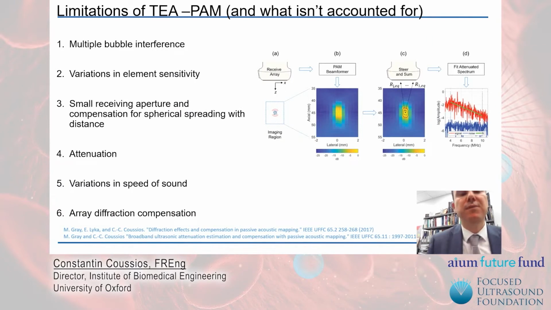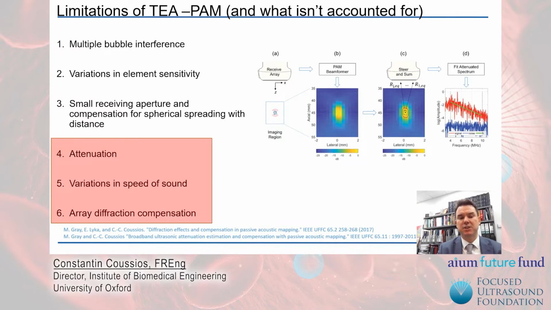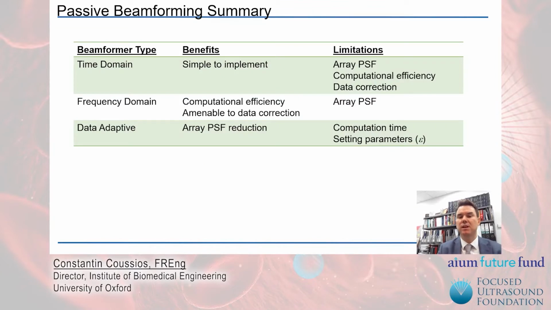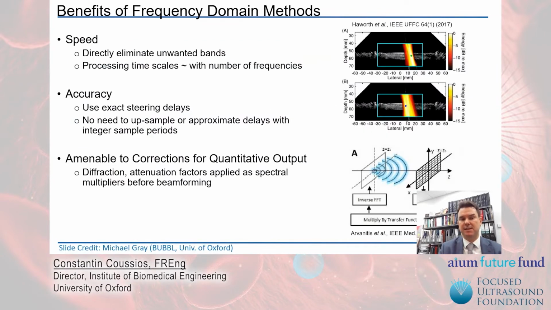Another significant set of limitations, as mentioned, are those of attenuation, variations in speed of sound, and array diffraction. I do not have the time to cover all of those, but here it is very important to realize the power of frequency domain techniques and data adaptive techniques that were developed shortly after the time domain techniques.